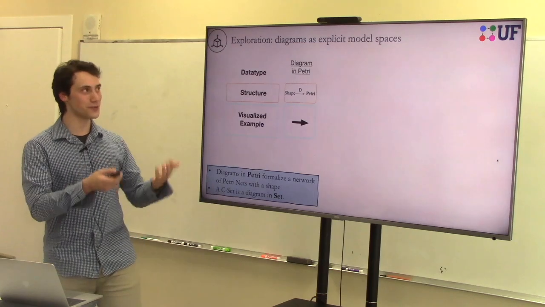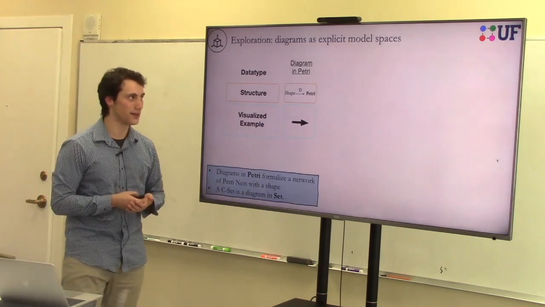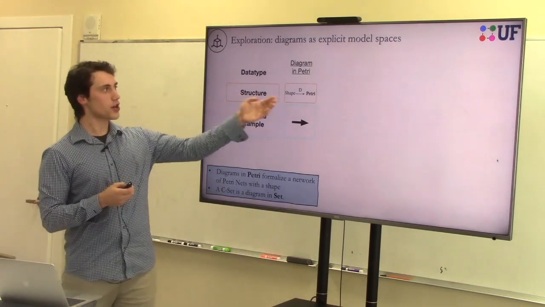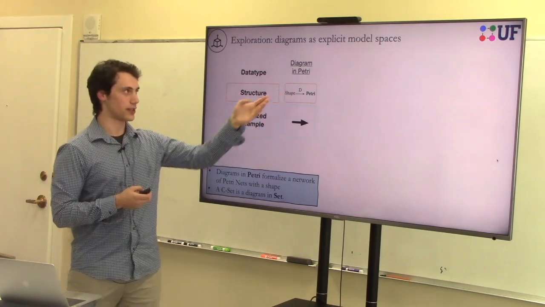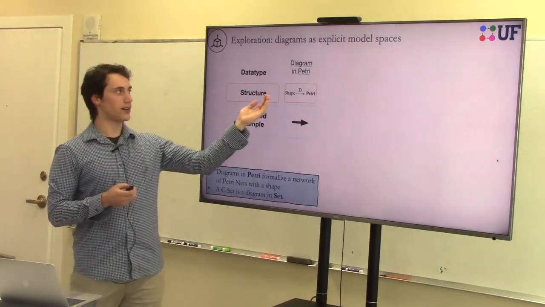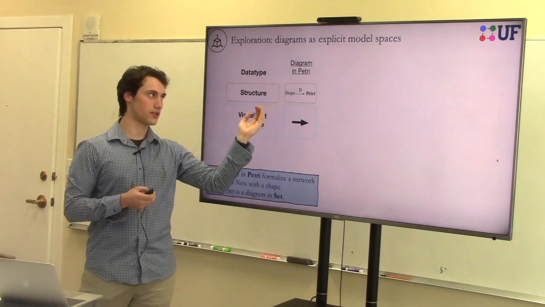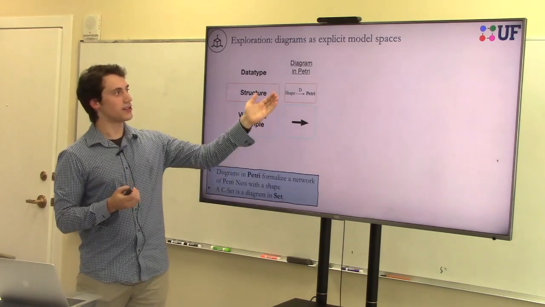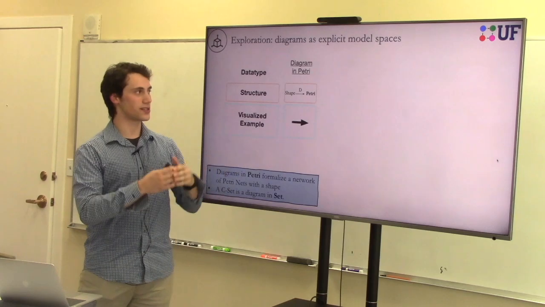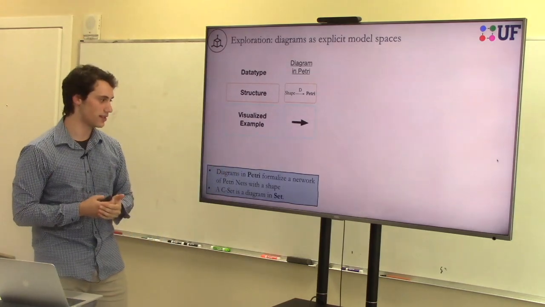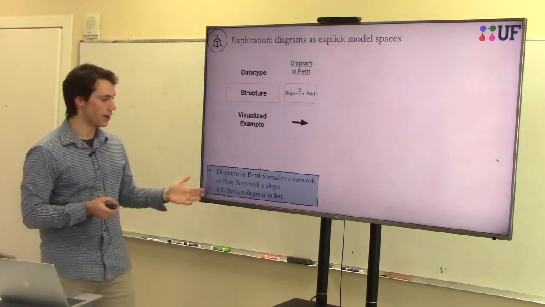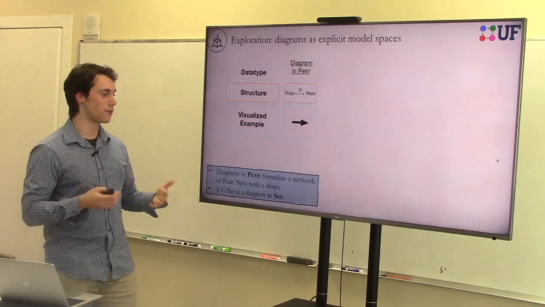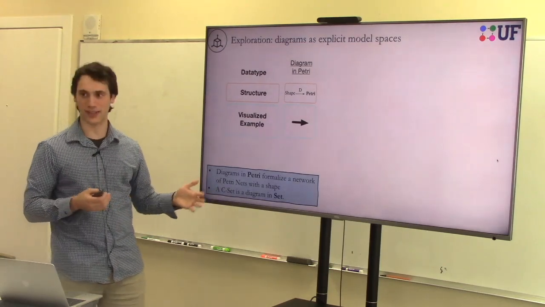So I have a new data structure to introduce to you. The structure of a diagram in Petri is you have a shape of some sort, which is like a graph, and you somehow map that into this whole space of possible Petri nets. And if it helps, you can think again of a cset as just a diagram in Set.